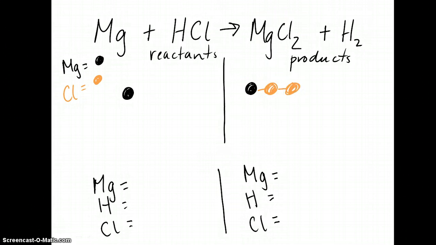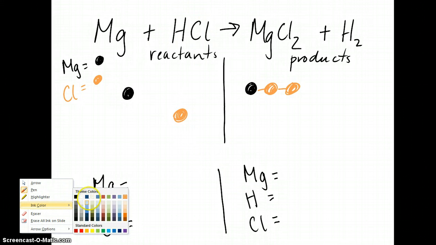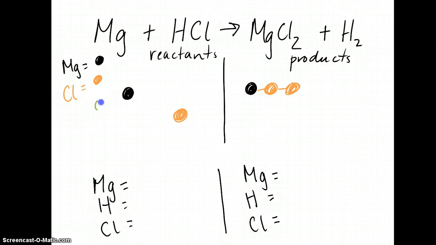On this side here, I also have a chlorine, and looks like that chlorine is attached to a hydrogen. So let's change my ink color to green, and green is going to be my hydrogen. All right, so for that reason, I have the chlorine and the hydrogen coming together.